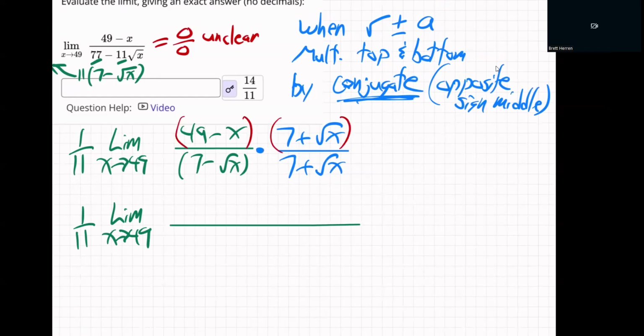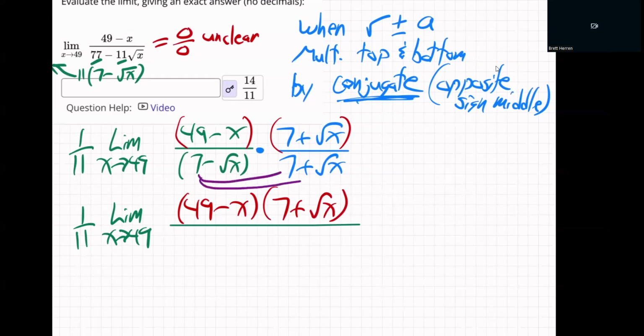The top, the 49. Actually, here's the trick. Just for a moment, leave the 49 minus x and the 7 plus root x. On the bottom, though, I am going to go ahead and FOIL those guys. How do I know this? Just because of experience.